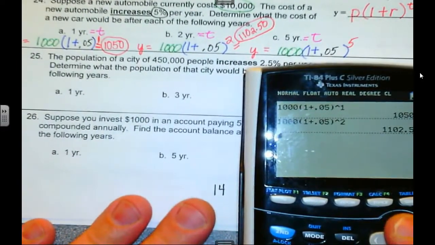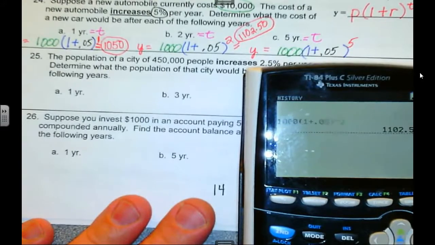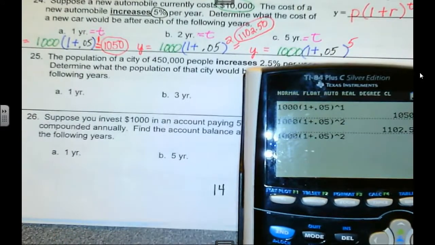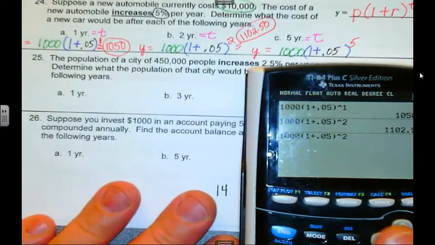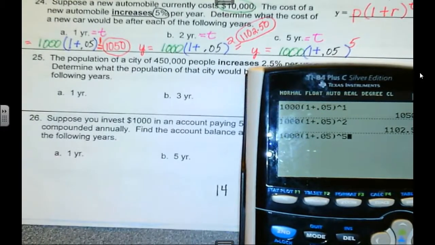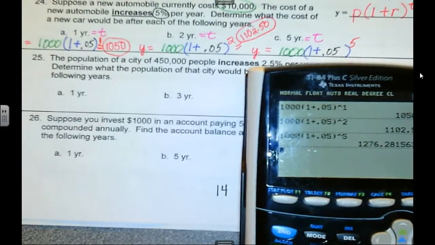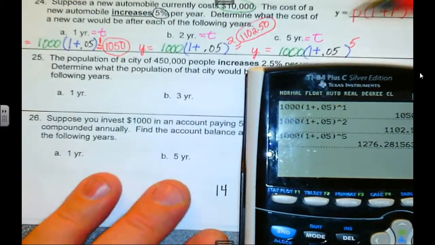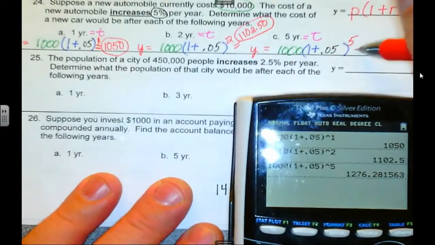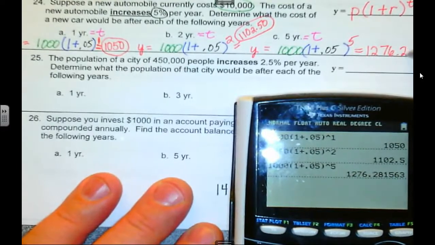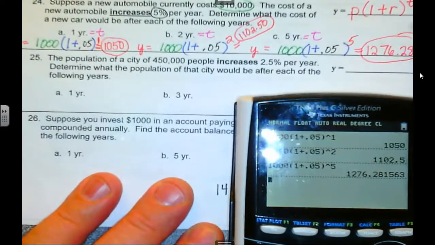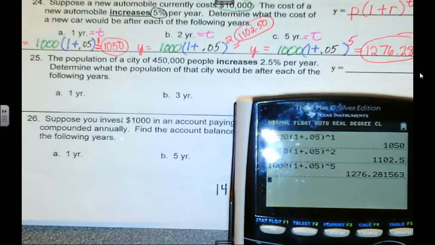And then I have to retype everything. I don't, but you do. And change the exponent to 5. And I get 1276.28. Easy peasy, right?